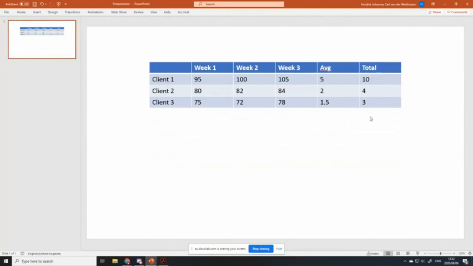What is the average weight gained for our 3 clients? Who can tell me, what is the average weight gain for our 3 clients here? 2.8.